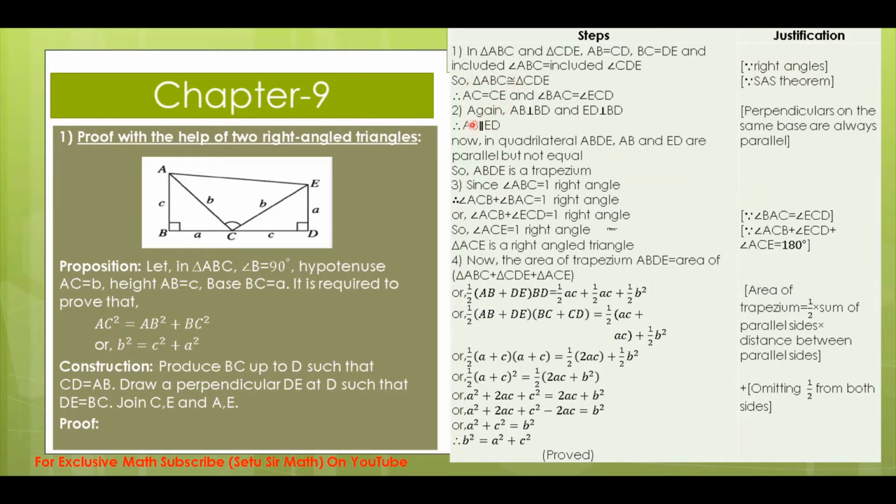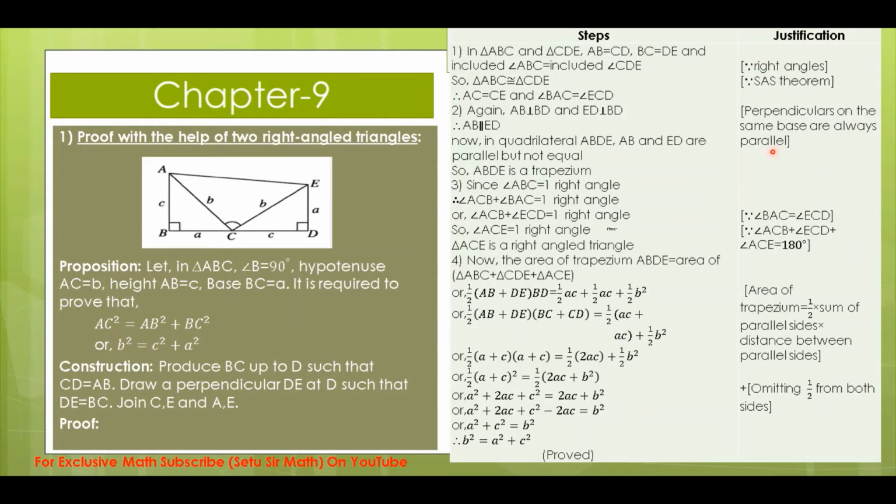Okay, now number 2, again AB perpendicular BD, already you know, and ED also perpendicular on BD, as you can see from the figure. So we can write AB parallel ED because perpendiculars on the same base are always parallel.